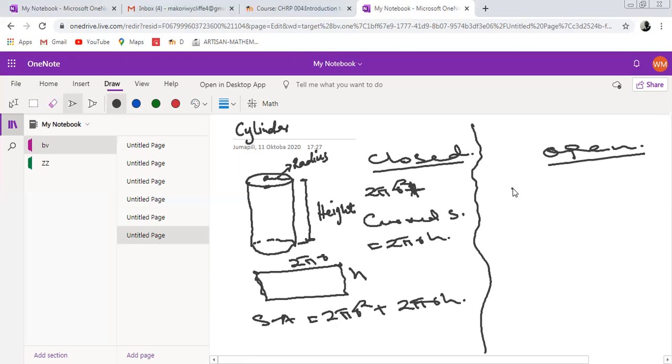So it is going to be pi r squared plus 2 pi r h. That is the formula for the surface area of an open cylinder, and then you can get the surface area as required. Thank you very much and have a blessed moment.